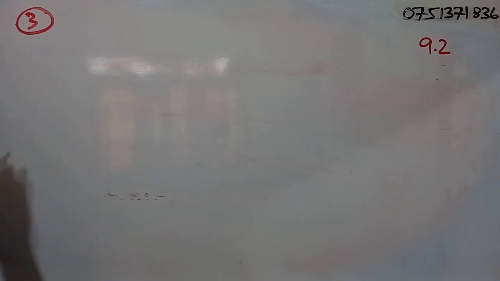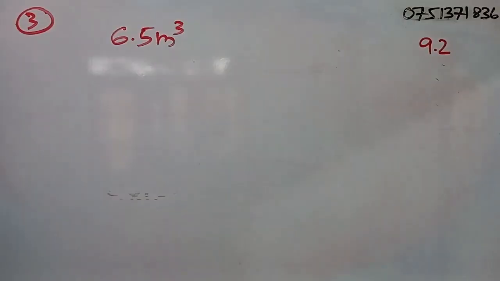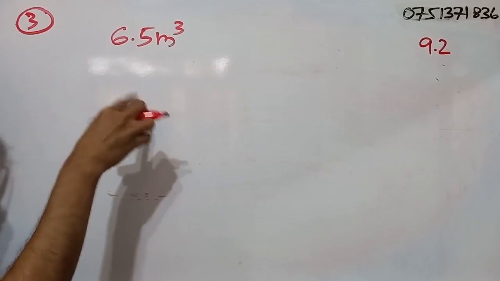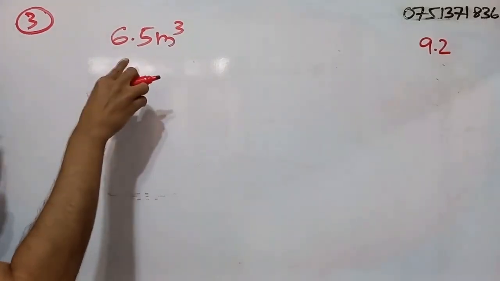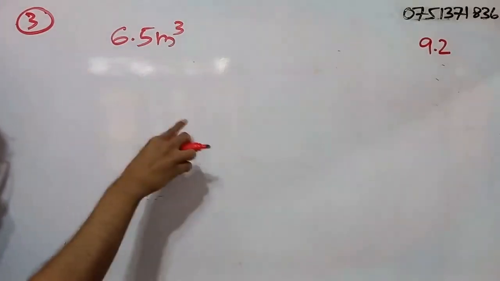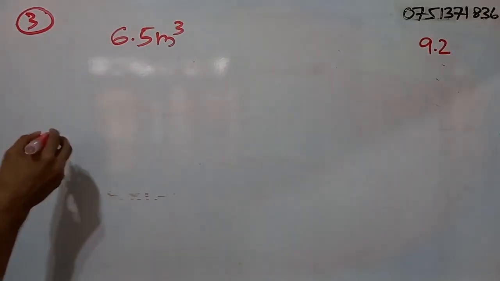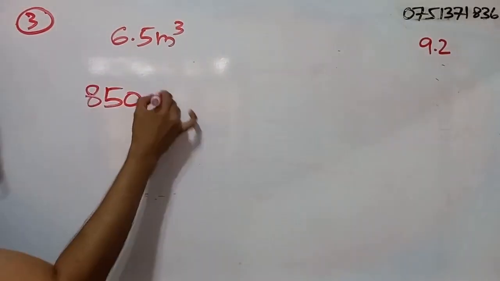Right. What is the capacity of the Bowser? 6.5 cubic meters. This Bowser needs to fill filling stations. So for each filling station, this Bowser needs to distribute 850 liters of fuel.